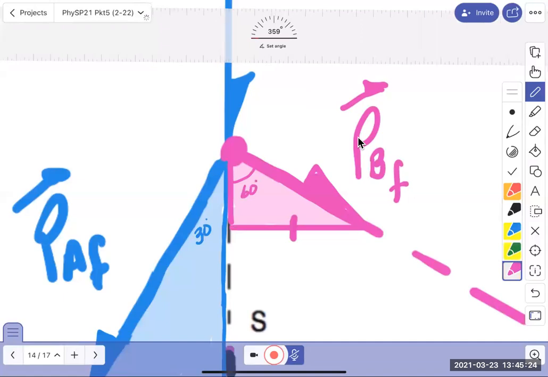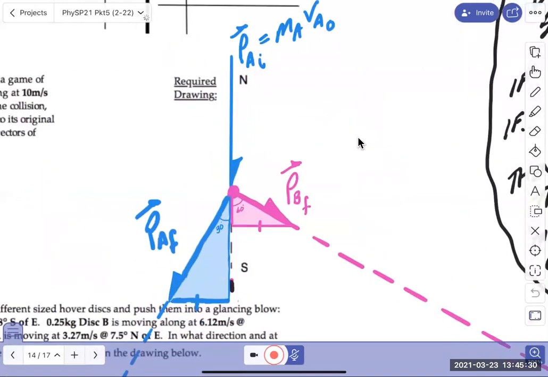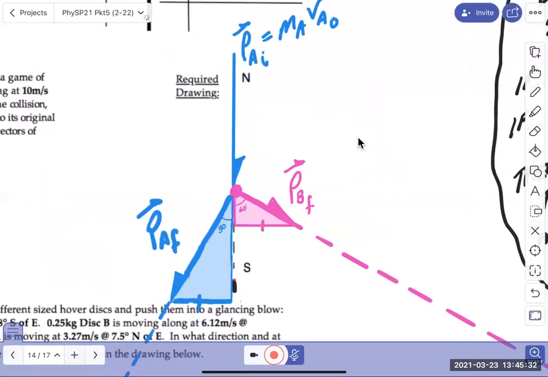Okay. But there's one thing I haven't really talked about that might cause you concern. Anybody see it? I tried to draw it about right. Nobody has a question?